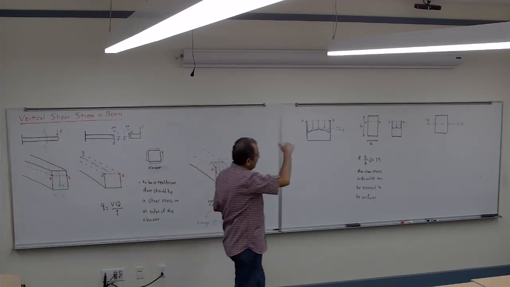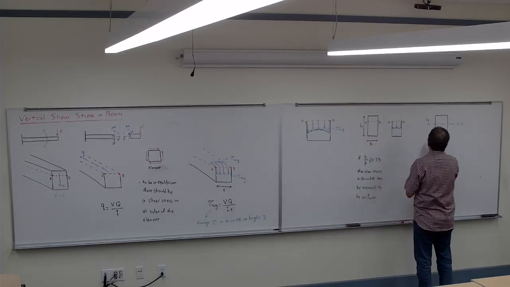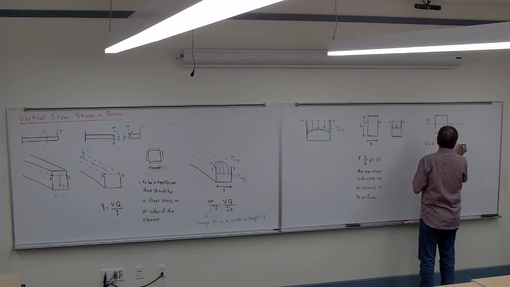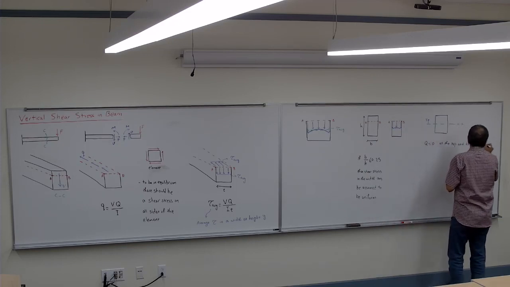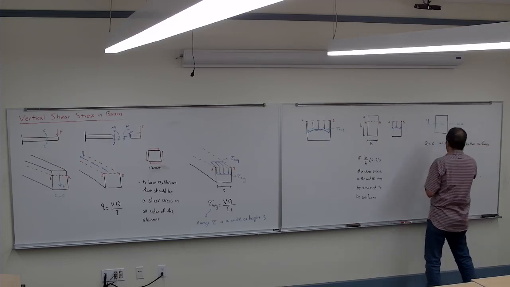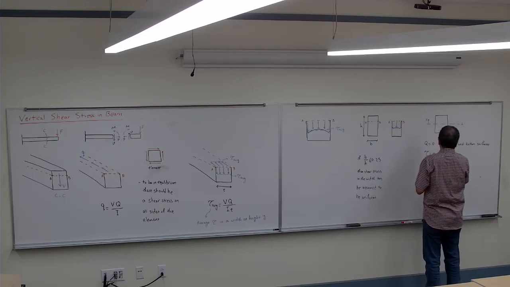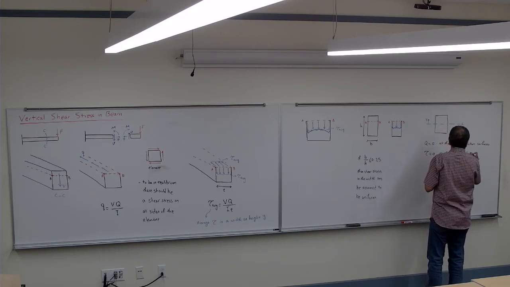So at the top surface and the bottom surfaces, Q is 0. Therefore, the tau is 0 at the top and bottom.